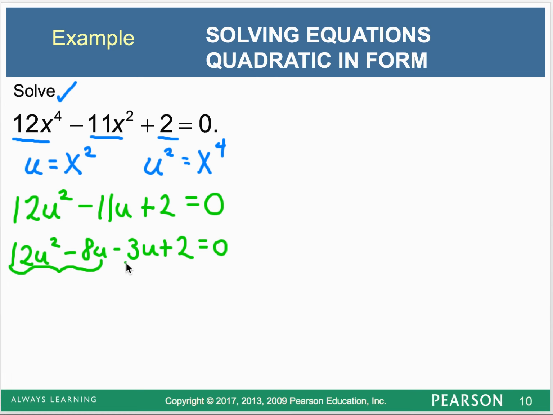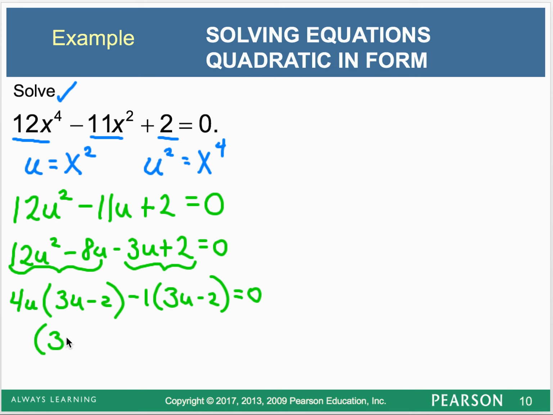Factor by grouping. Hope by now you're getting good at your factoring. Can factor a 4 out of both of these and a u. That leaves 3u minus 2. All I can factor out here is that minus 1. So that's going to change my signs and leave 3u minus 2 equals 0.